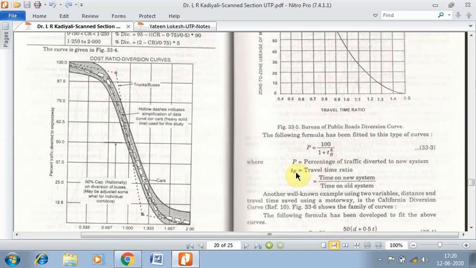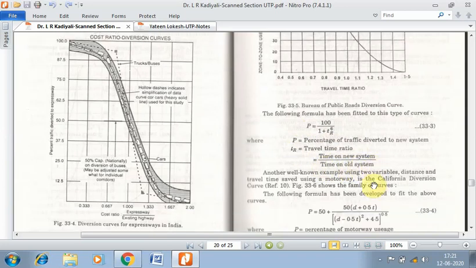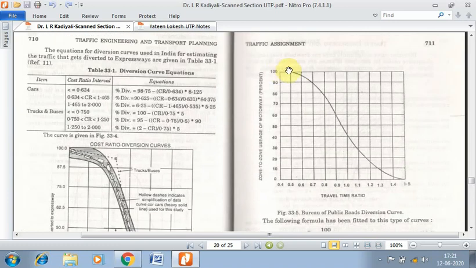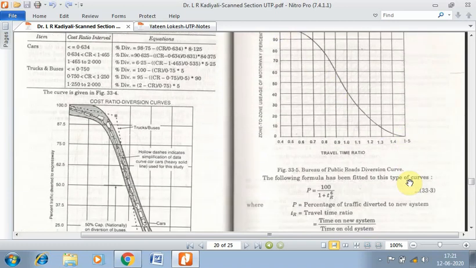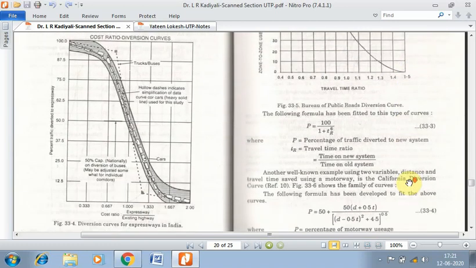TR is the travel time ratio, which is equal to the time on the new system in the numerator, and in the denominator you have the time on the old system. Having found these percentages for different travel time ratios, when you plot it, it takes the shape of an S, right? That's how it looks.